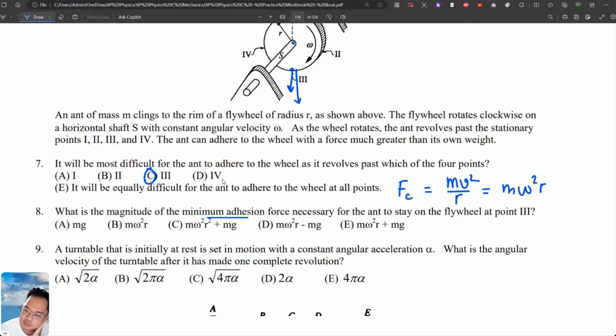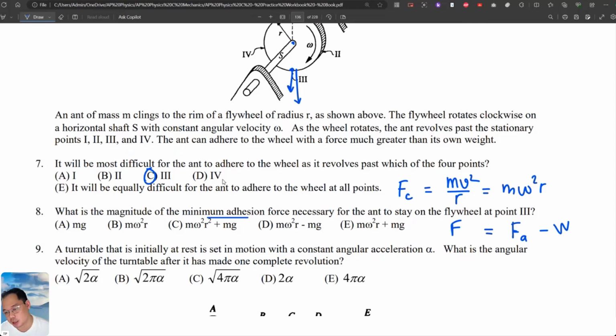This centripetal force is equal to the force that the ant adheres to the wheel, which is the force by some chemical substance on the leg of the ant that helps it stick to the object, and then subtract the weight.